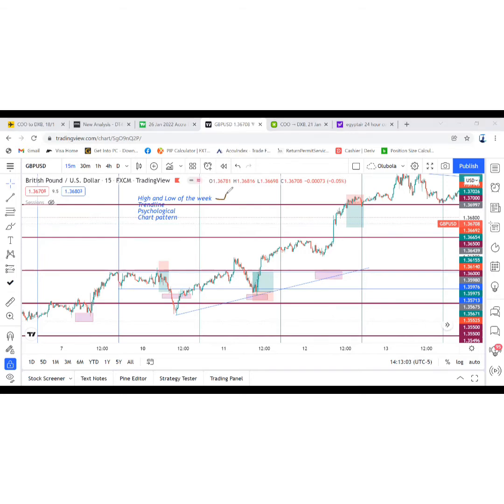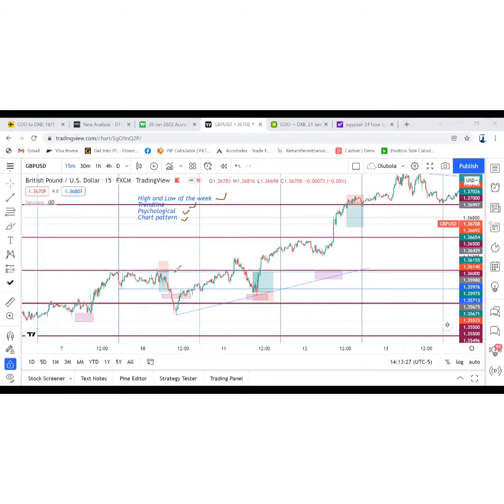So out of these 4 things that I always watch out for, 3 of these things must actually agree. There must be a confluence among at least 3 before I place my trade.